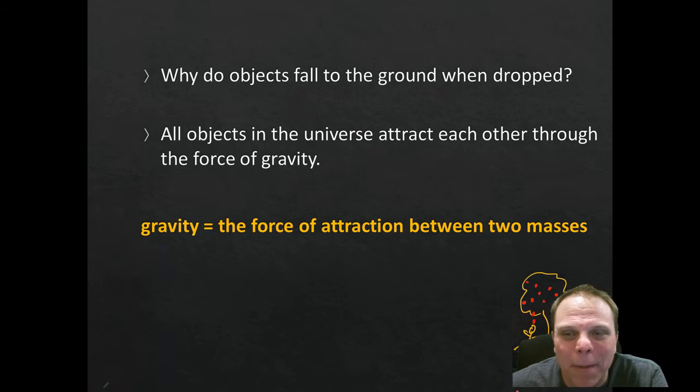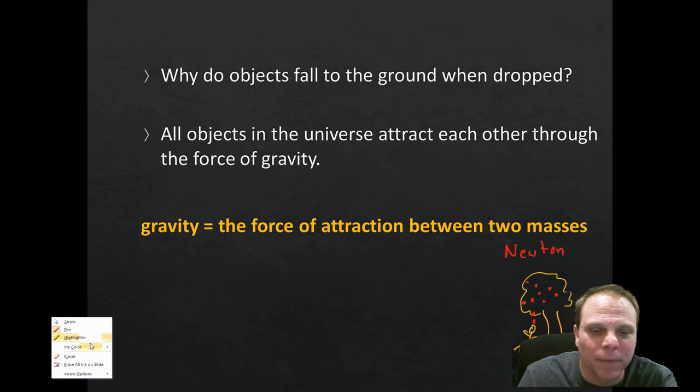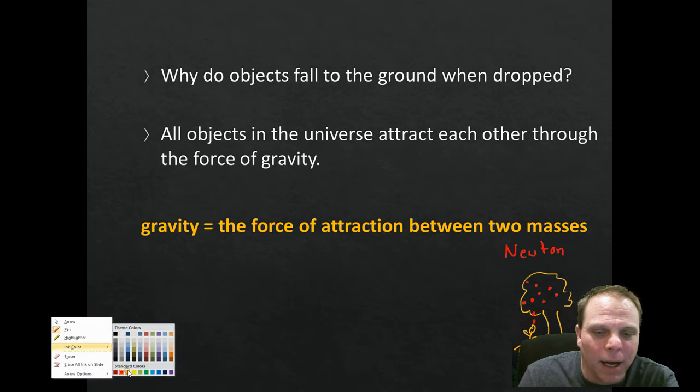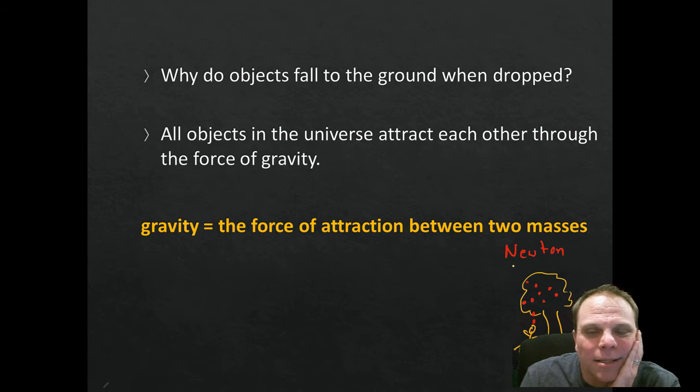But we have to figure out that there's something that pulls these objects to each other. And remember that Newton had a very different idea than Einstein. Newton was way earlier than Einstein, but Newton came up with some laws, and then Einstein came around later and had a totally different way of describing it.